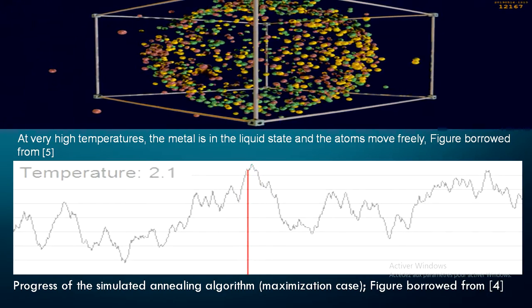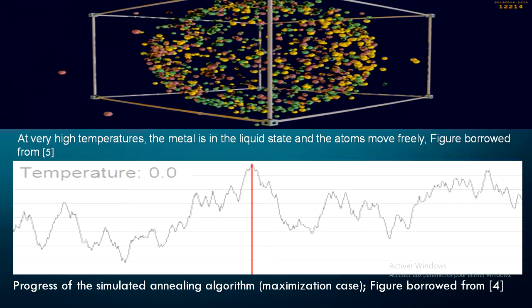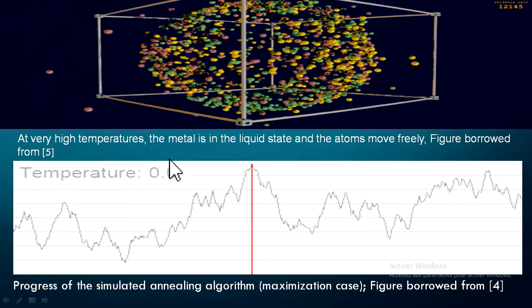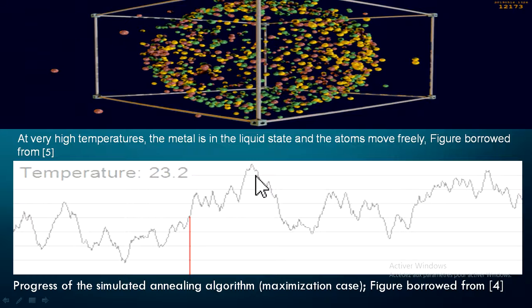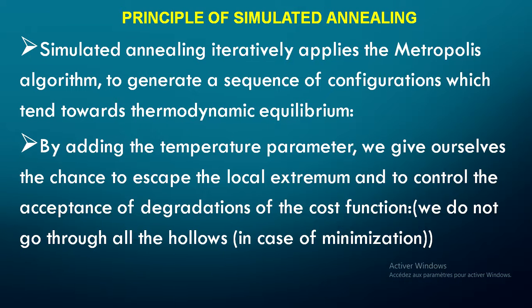The objective function is a maximization. You see, we have 0 and the maximum. Good. So, simulated annealing iteratively applies the Metropolis algorithm to generate a sequence of configurations which tend towards thermodynamic equilibrium.